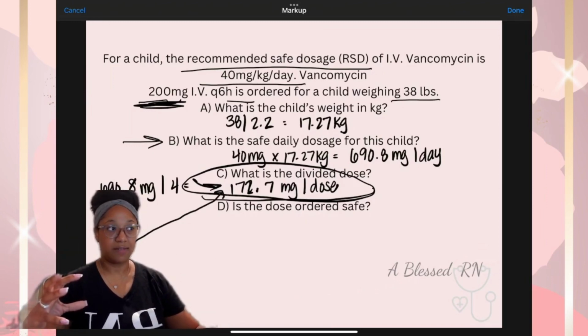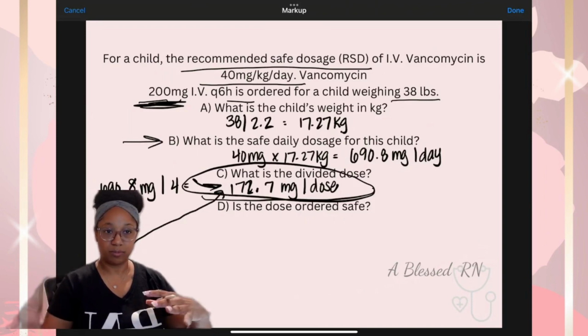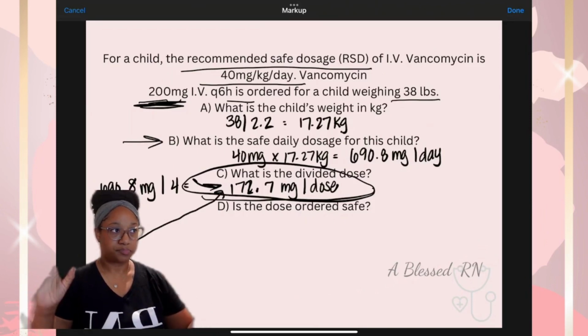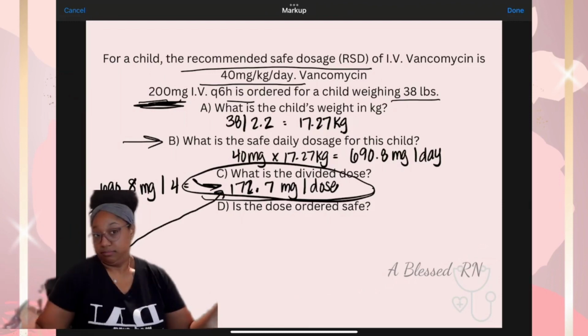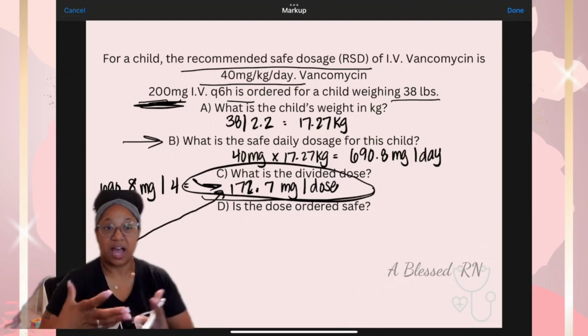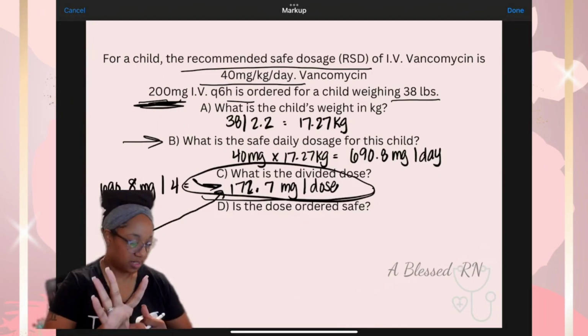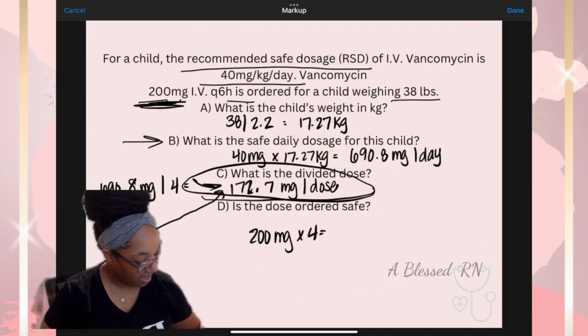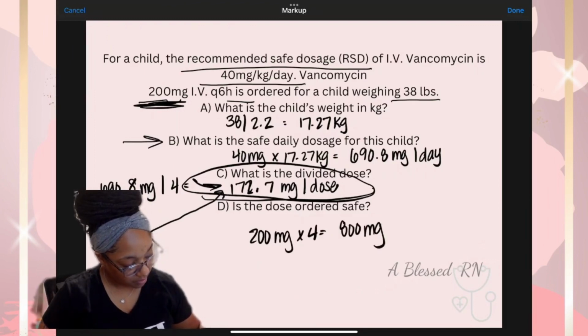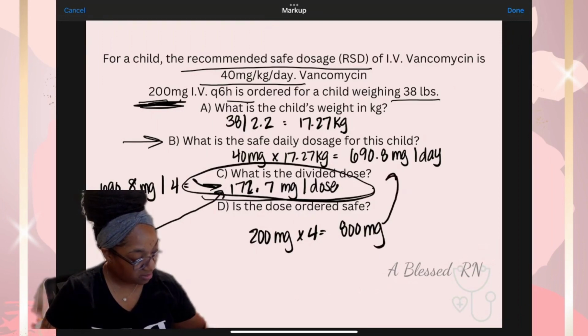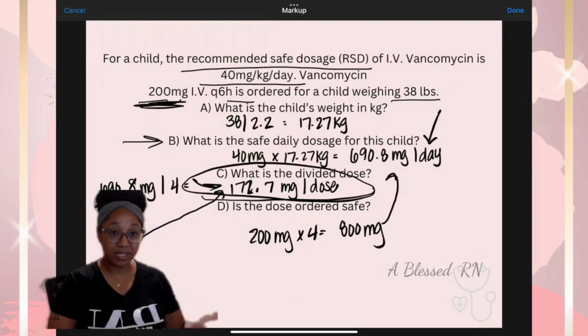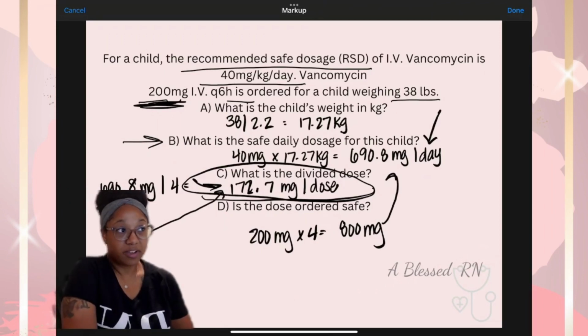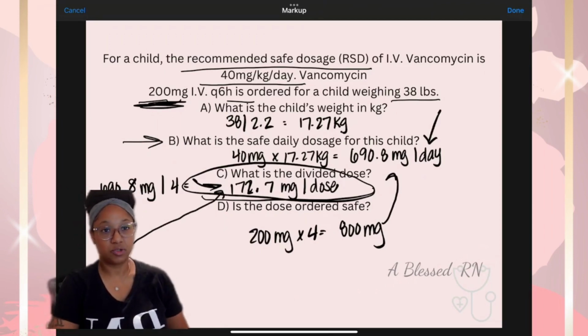So if they only gave 200 milligrams at one time, that would have been fine because it was just a one-time dose. But you're giving it 4 times a day. So if you gave 200 milligrams 4 times, that's going to be what? 800 milligrams. And this is the max amount right here that you can have in one day. So it's too many milligrams in the whole day, and it's too many milligrams at one dose.